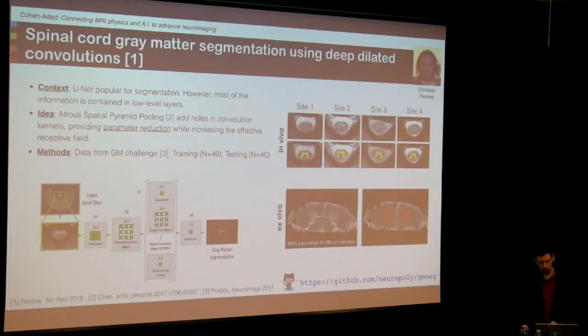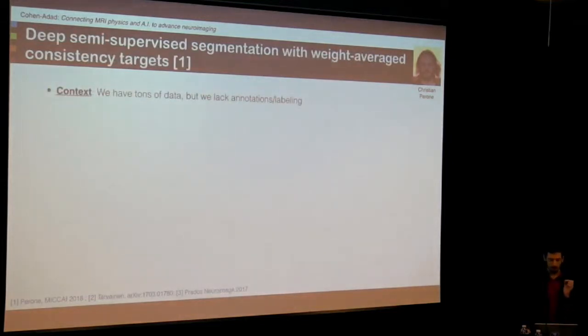We wanted to go a bit further. The main context that many researchers in biomedical imaging are thinking about is that, first of all, it's difficult to get data, but even when we have access to publicly available data sets, another thing that is missing is labels.